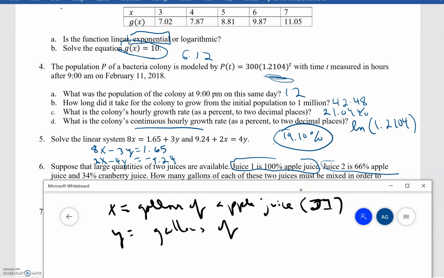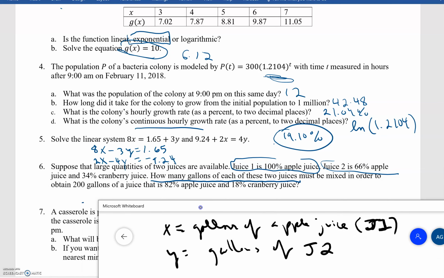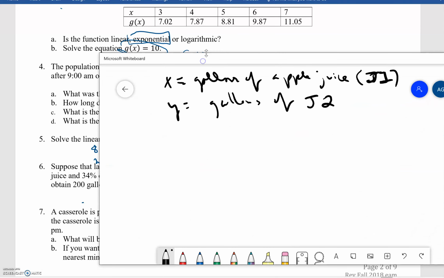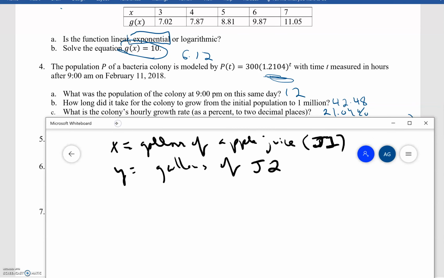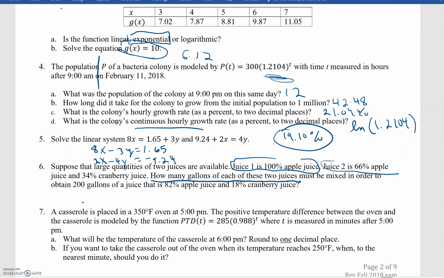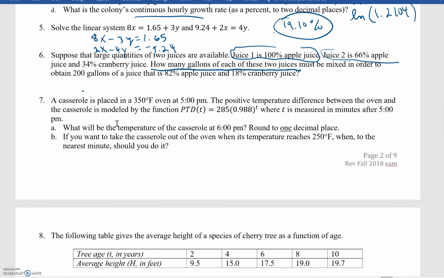That's J1, this is J1 for juice 1. And it's important that you identify your variables very clearly here. Okay, so let me move this around a bit so you can see what I want you to see.